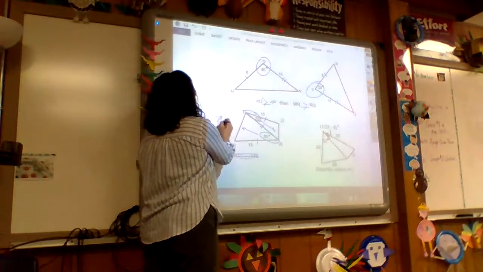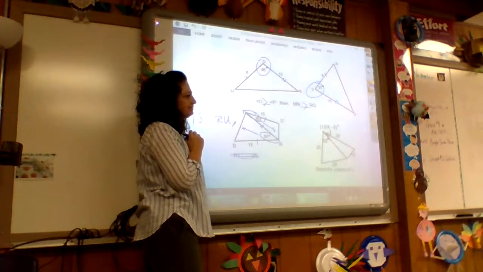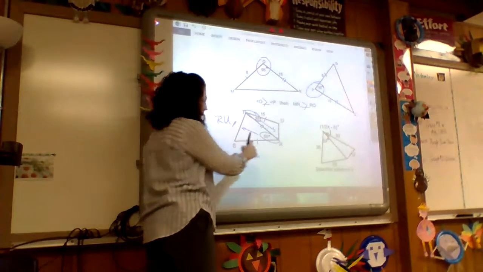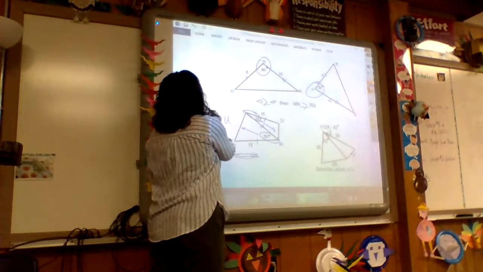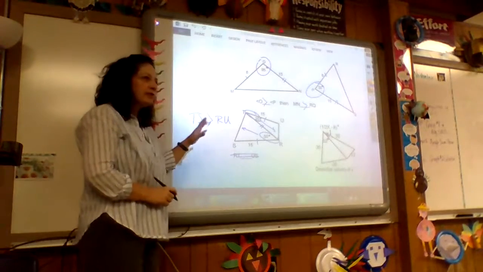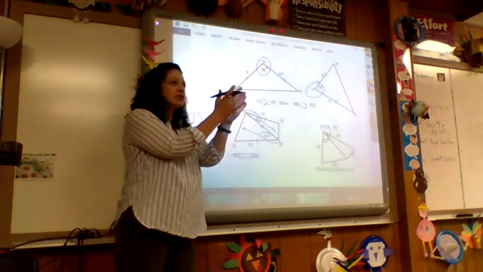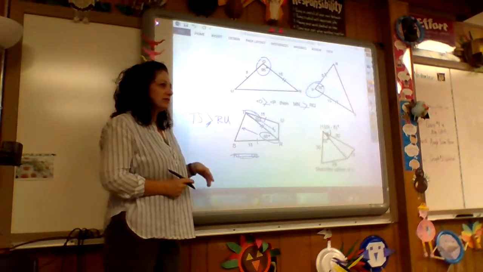R. I want to compare those. Which would be the larger one? TS. Okay, across from the 50 has to open larger than across from the 20. Okay, right? So always watch for those congruent segments, find that hinge and notice which ones open more or less. All right?